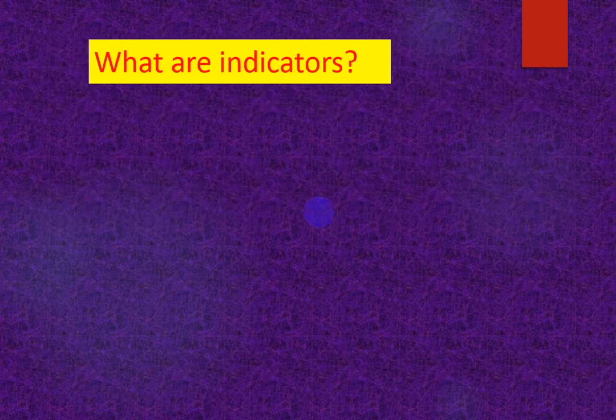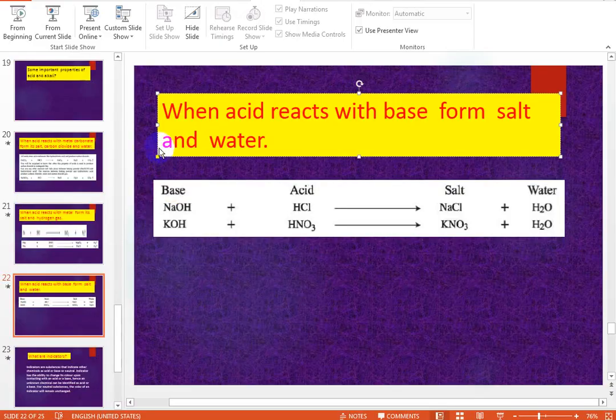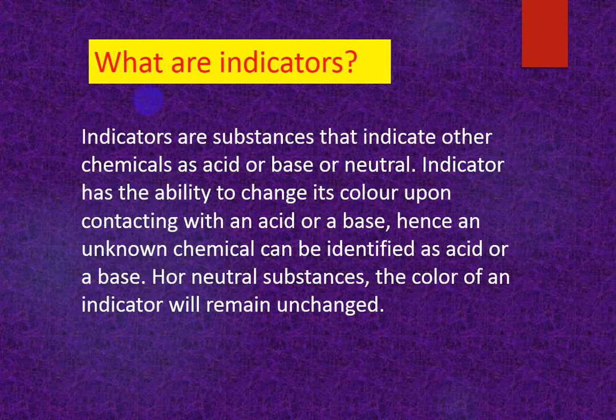Okay, what are indicators? What is an indicator? An indicator means something that identifies. An indicator is a chemical substance.